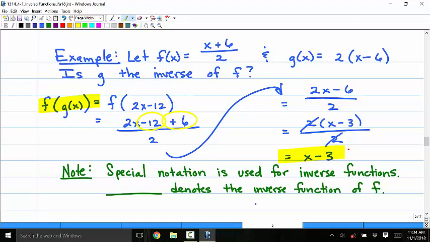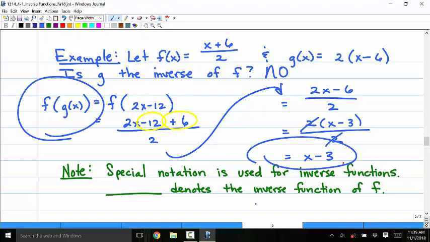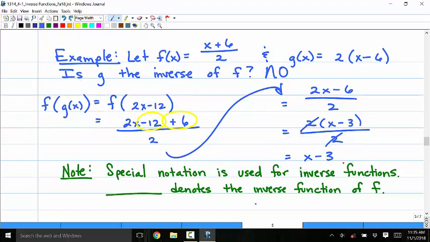Since this was not just x, I can stop and answer the question: is g an inverse of f? No. And why not? Because f of g of x was not equal to x. Not even a little bit.